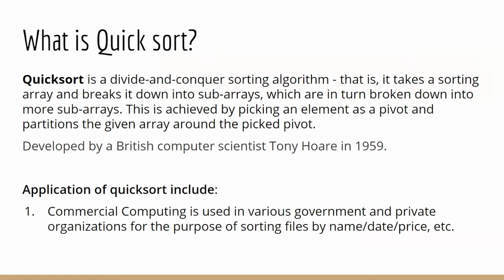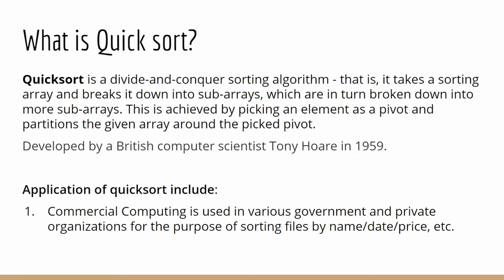Okay. What is quicksort? Quicksort is a divide and conquer sorting algorithm. It takes an array and breaks it down into subarrays, which are in turn broken down into more subarrays. This is achieved by picking an element as a pivot, whether it be at the far left, the far right, or even in the middle, and partitioning the given array around the pivot.